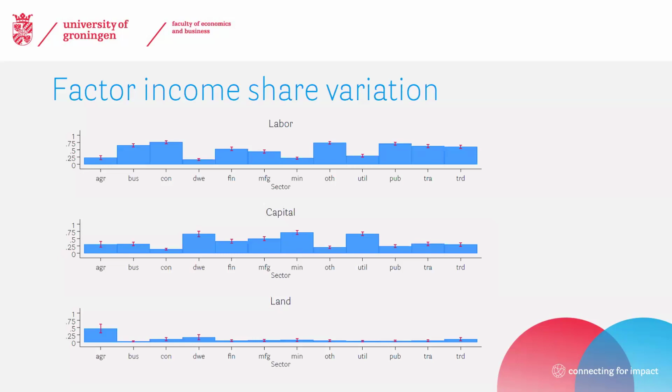In lower income countries, land income shares tend to be higher than in rich countries. So quite some variation comes in through this estimation process. You can do more, but this is a way of at least allowing for that variation. Similarly, labor has the highest share for most sectors, but again, there is quite some variation around those averages.